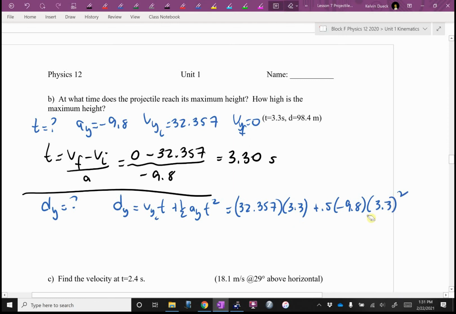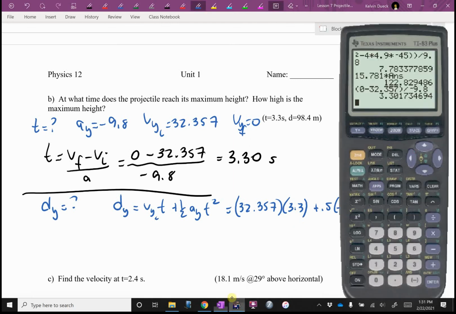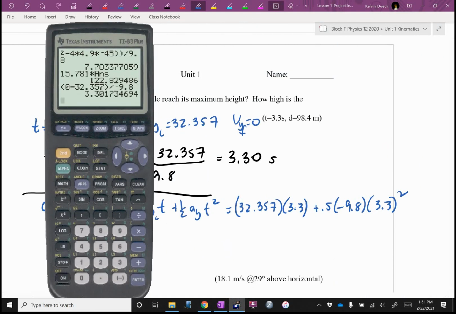I wrote 3.3, but I'm going to use my answer button for each of these times, yes? So it's going to be 32.357 times answer button plus 0.5 times negative 9.8 times answer button squared. Double check for typos. That looks good.